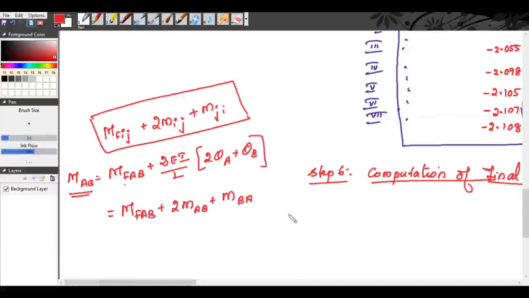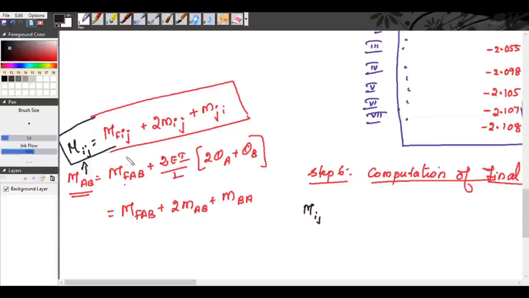Now we will write MIJ. The general term is MIJ equal to MFIJ plus 2mIJ plus mJI.